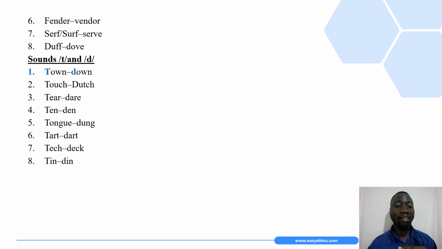There is tat and dat. We have tech and deck. There is also tin and din. So if you look at the two sounds, that is the sounds t and d, that is what makes the two words different in terms of pronunciation.